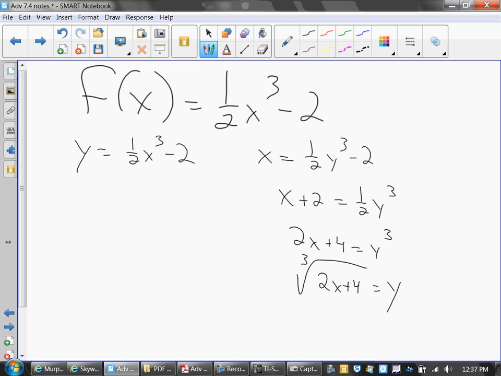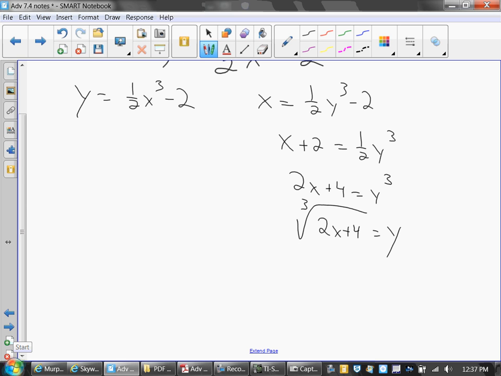And there's your inverse. Okay? You just follow what you would do getting y by itself at any other point in time. You just might have to deal with some exponent rules with your cubes or your nth root stuff. But hopefully it is not too scary.